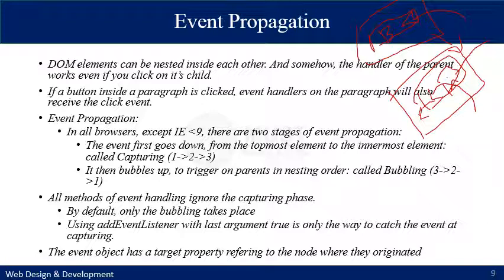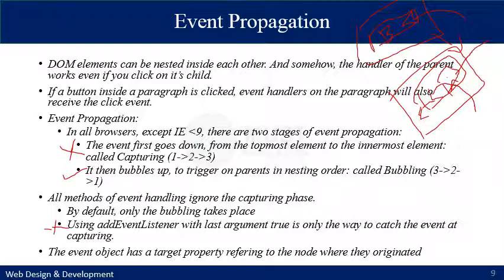All methods of event handling ignore the first phase and do the second phase by default. Using addEventListener with the last argument true is the only way to catch the event at the capturing phase, which is most often not used.